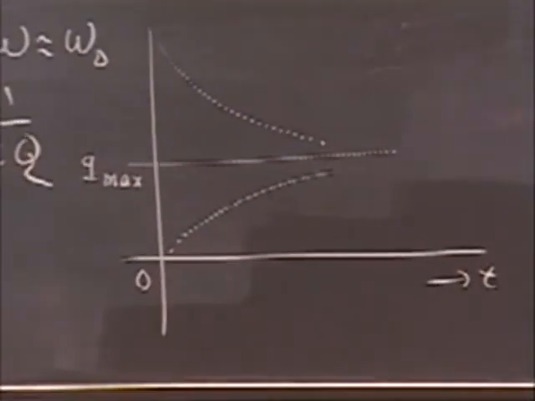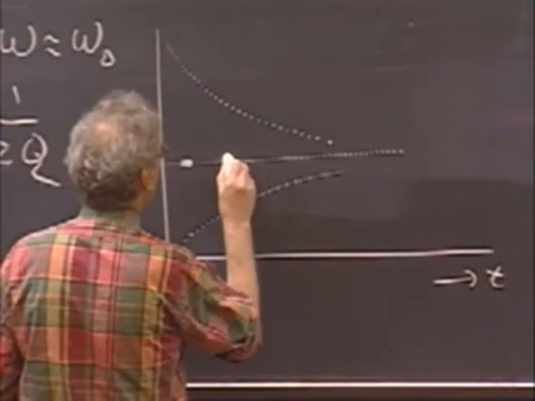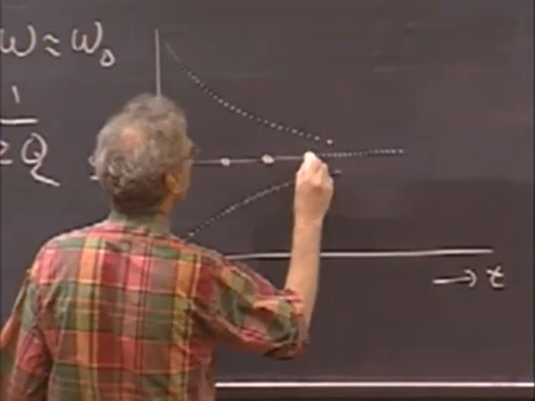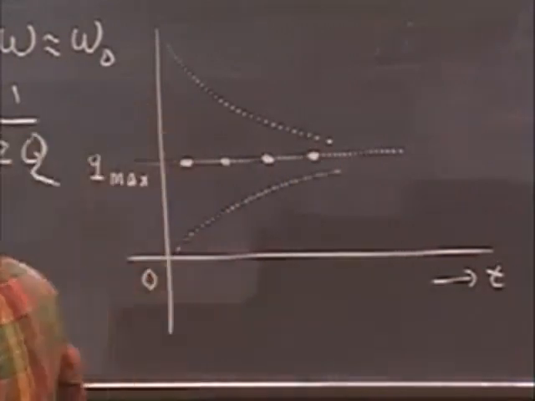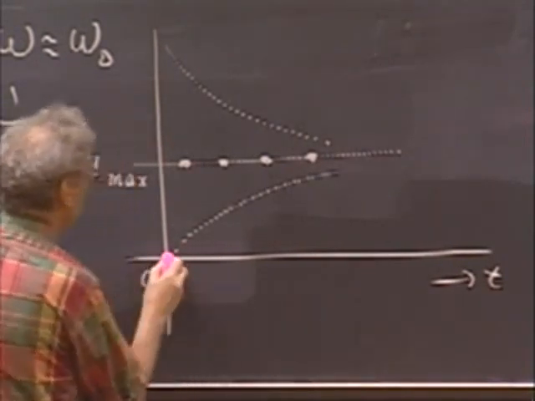Be very careful, the period is uniquely determined. The period does not change. That's determined by that omega. 2 pi divided by this omega is the period. And so you're going to get, you start with Q0.